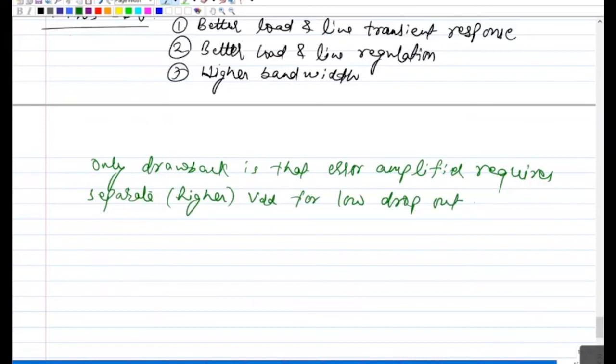Okay, but in most of the cases when you are designing, let's say for a load of 10 milliamp or so, consider the benefit you get in terms of area.